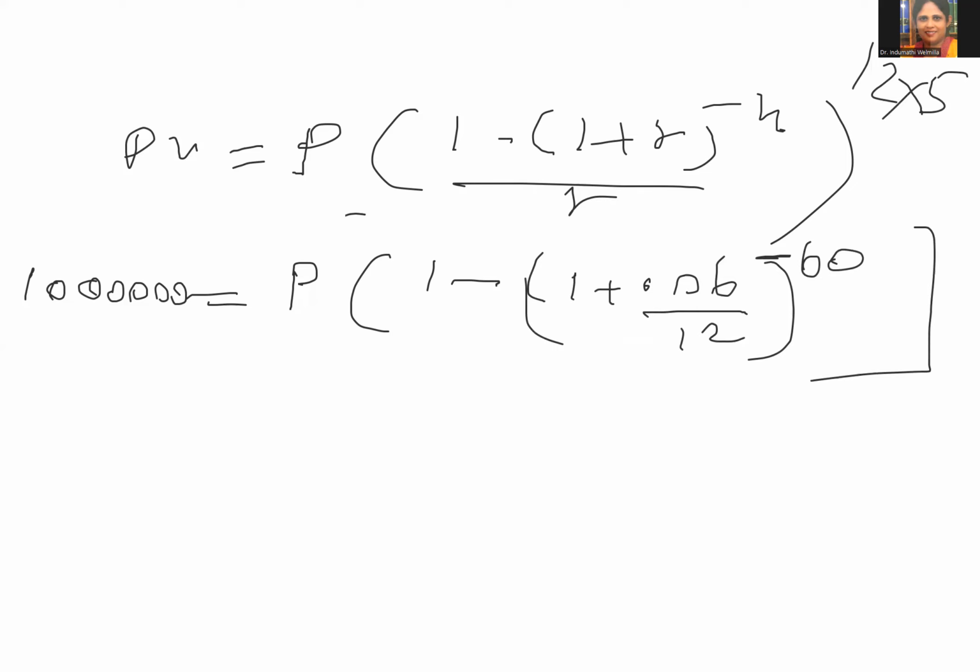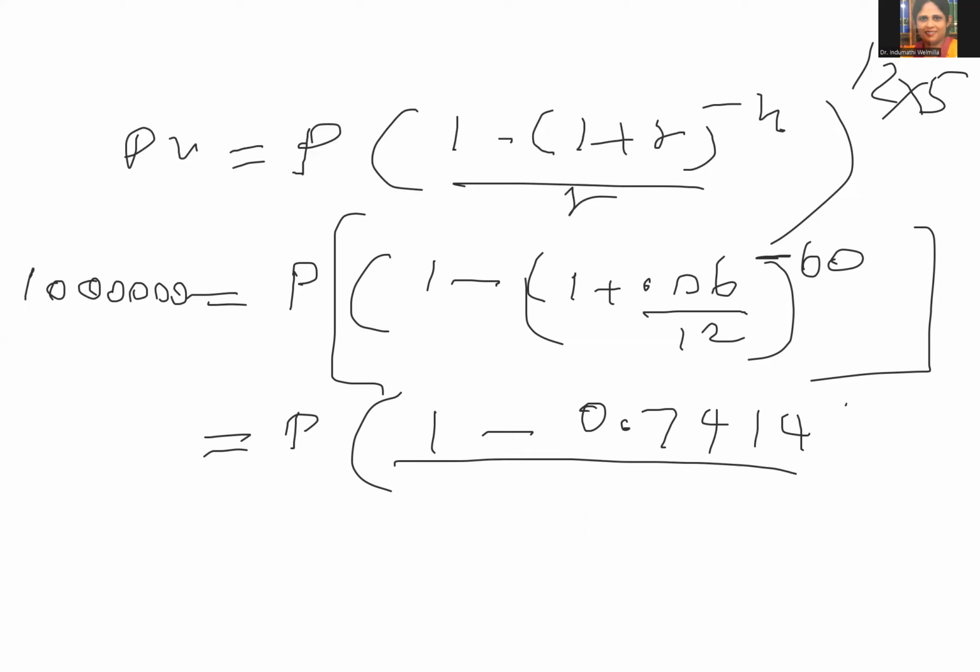So you need to simplify this. Just try simplifying it with the calculator quickly. You can see here P into 1 minus 1.005 to the power minus 60 becomes 0.7414, and again divided by R.